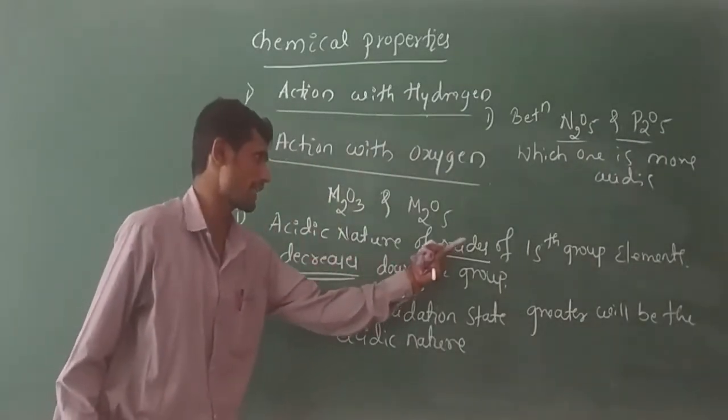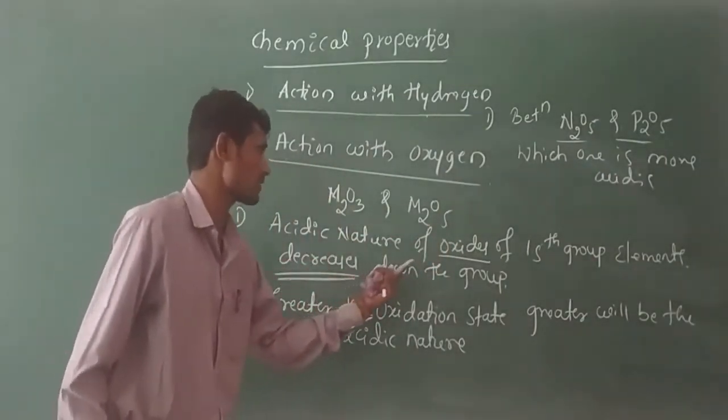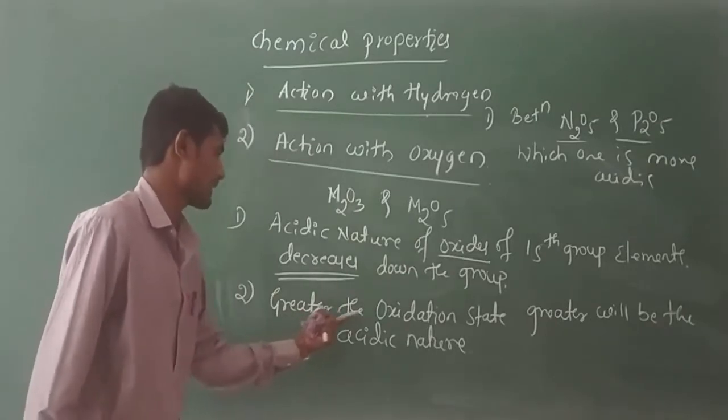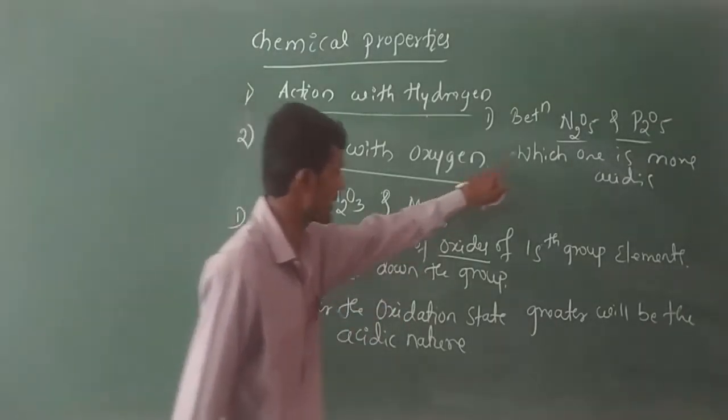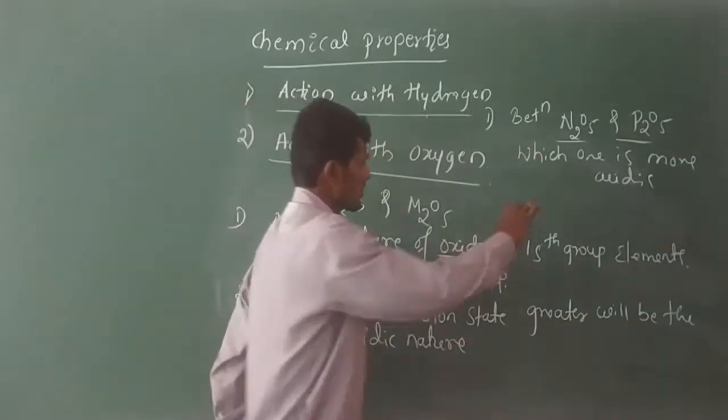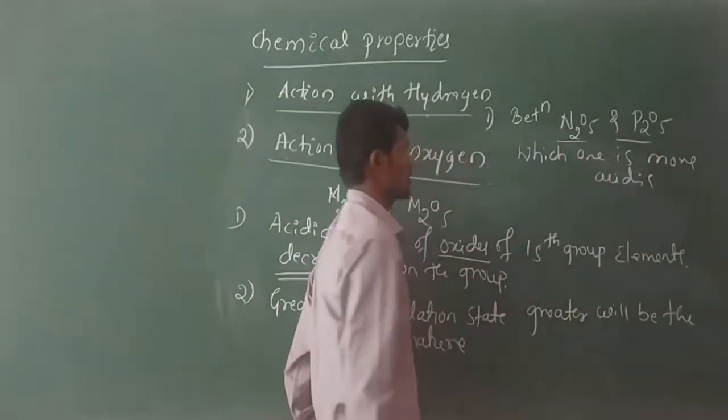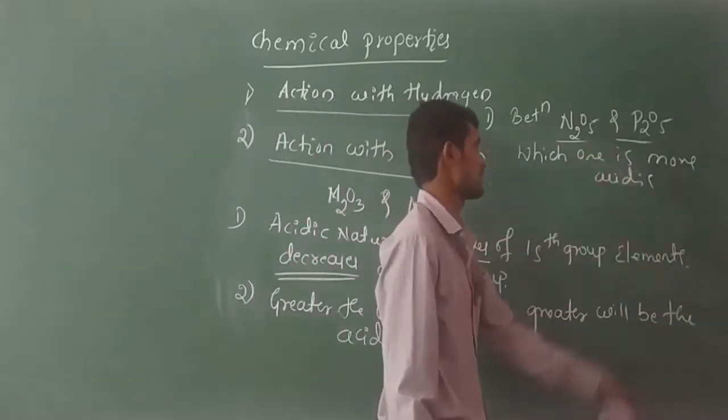The acidic nature of oxides of 15 group elements decreases down the group. The greater the oxidation state, the greater the acidic nature. Apply these points here. Check the oxidation number of nitrogen and phosphorus.